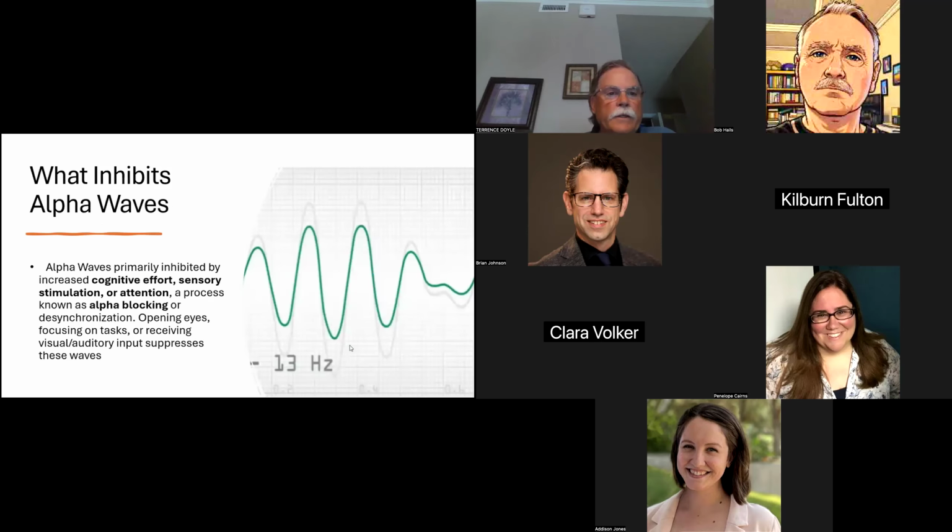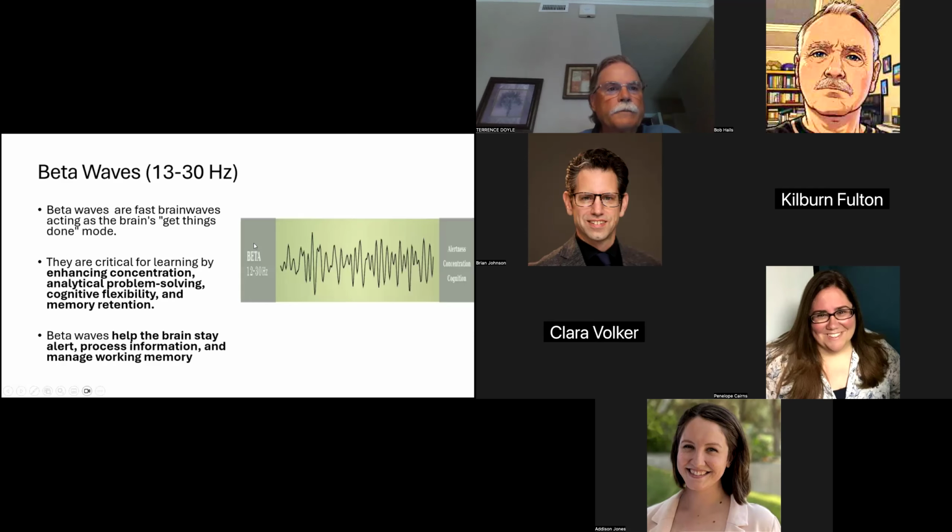What inhibits? Two things in particular, and one is just fine. One is when we have to engage in cognitive effort and sensory stimulation. When we're paying attention in class, now we're fully engaged and we're able to take on new information. All of that is a good thing, but it also inhibits alpha wave production.